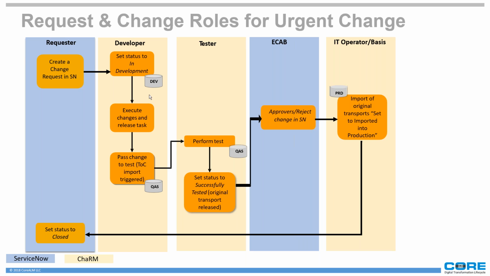And then whenever that change is tested, the tester can request approval, which will trigger an ECAB approval in ServiceNow, and they can either reject it or approve it. Once we set it to implement, it will trigger a basis to import that change into production. And then again, the requester is going to close out those changes to make sure that they are in production.